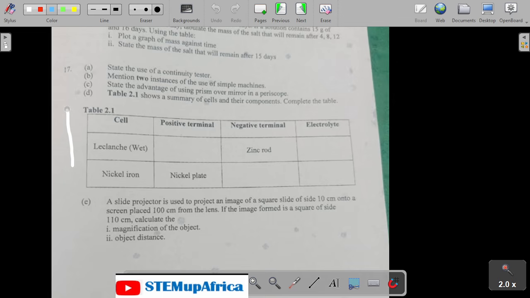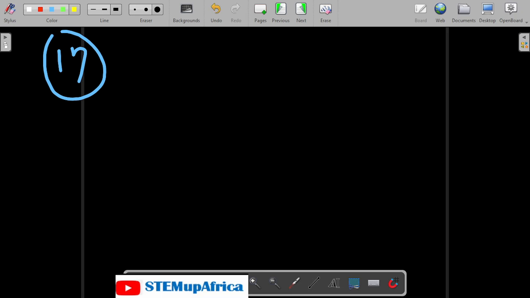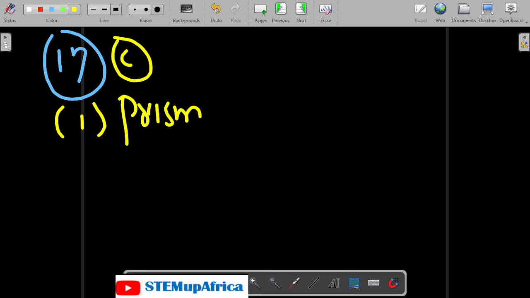Then question 17C says state the advantage of using a prism over a mirror in a periscope. Periscopes are largely applied in submarines. Number 1, a prism is hard and not subjected to stress.